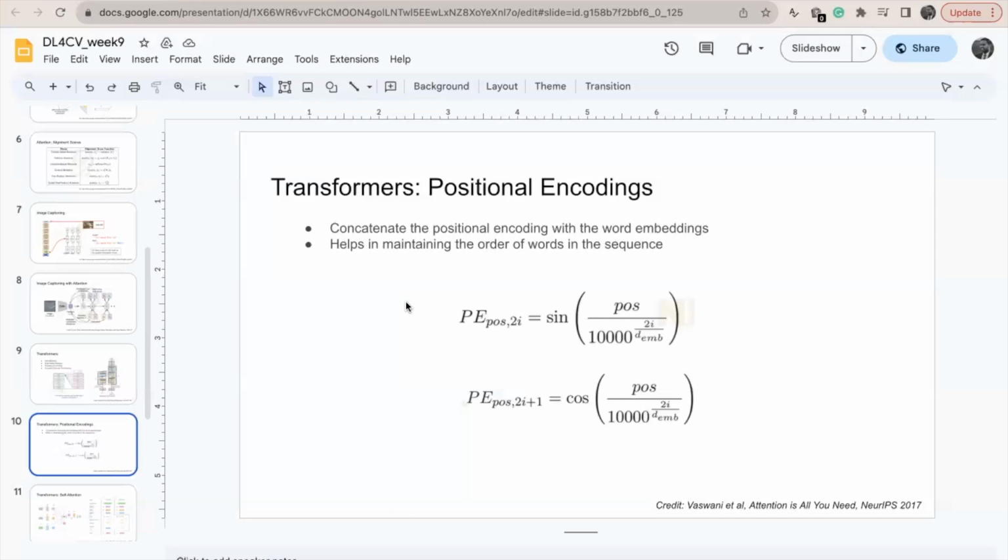Second, we want to put it between 0 and 1. One way to do this is to take the total length of the input, take the position of your text, like n, and divide it by the maximum length, the entire length of the text.